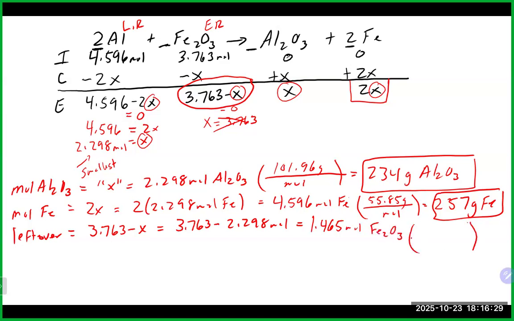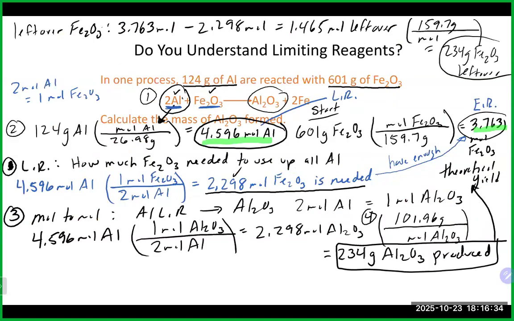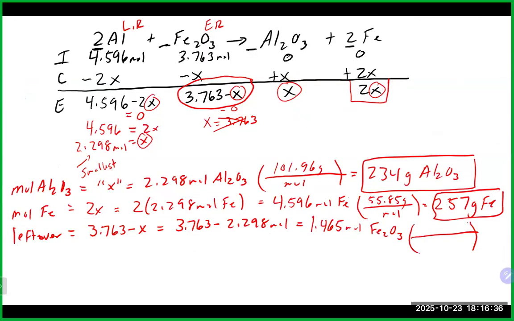And again, just using our molar mass of iron 3 oxide that we would calculate, or we have for us here, 159.7 grams per mole, times that by 159.7. And again, that gets us our 234 grams of our iron 3 oxide left over, right? And pretty quickly, I pretty much could answer any question that would be asked of you through this method here.